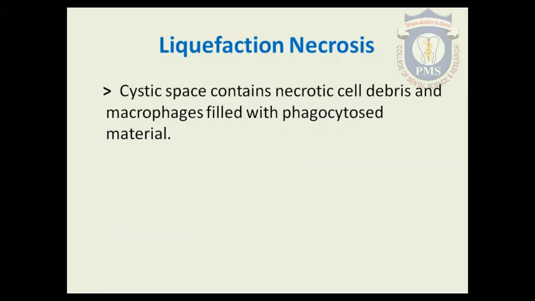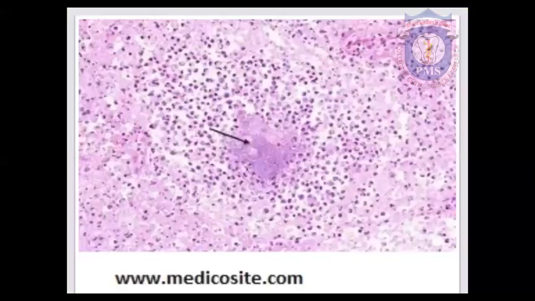Cystic space contains necrotic cell debris and macrophages filled with phagocytosed material. You can see the area of liquefaction necrosis.